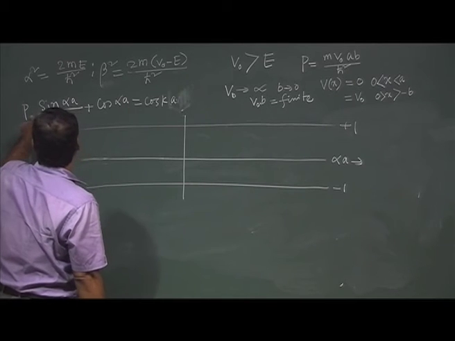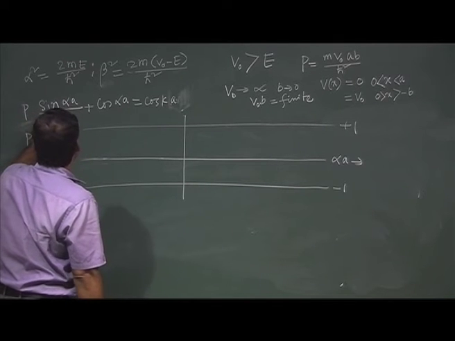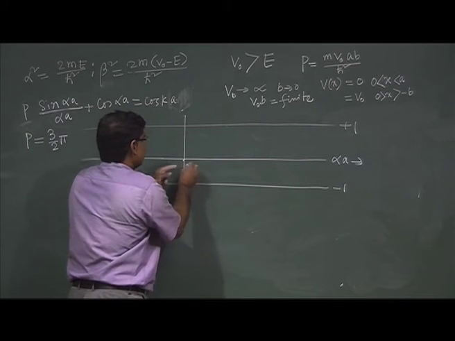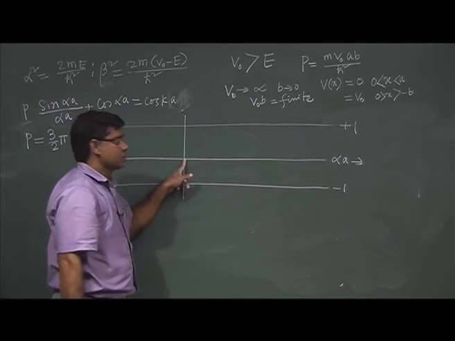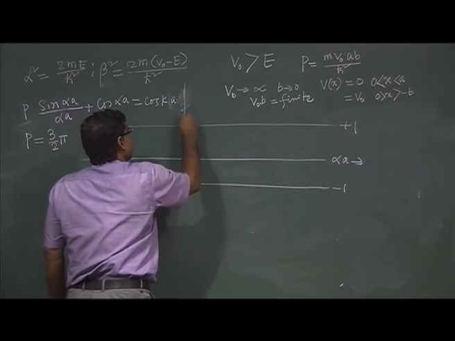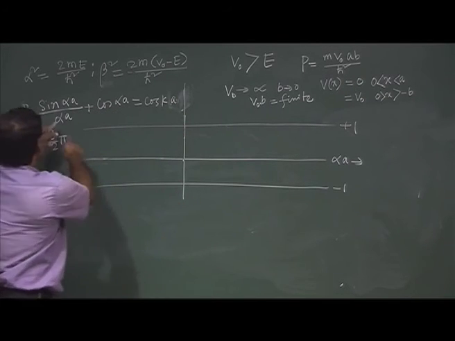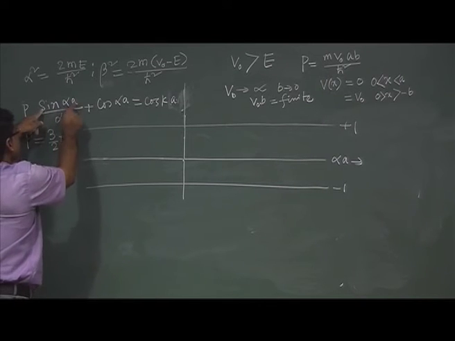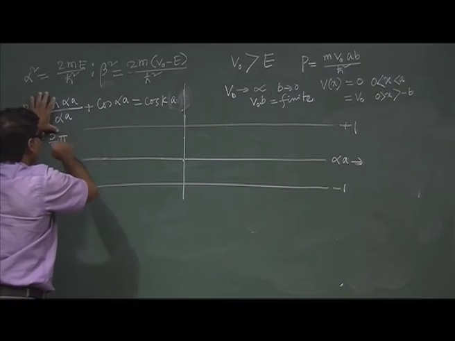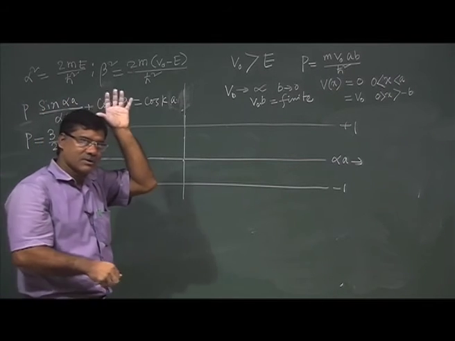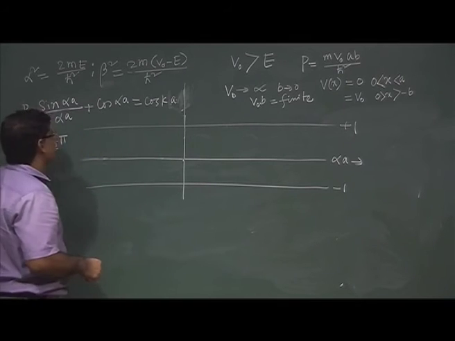But if I plot here, you see, this place is 0, the axis I have taken. Now, if alpha a tends to 0, sin alpha a by alpha a is 1, limit alpha a tends to 0. So that is why I have written in this form.